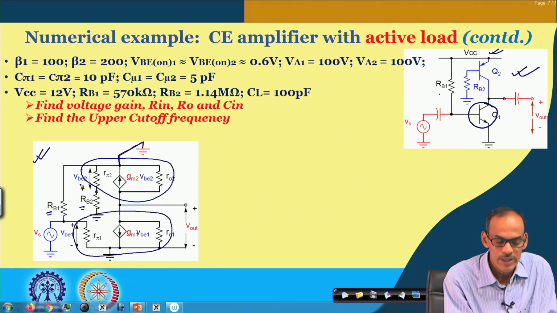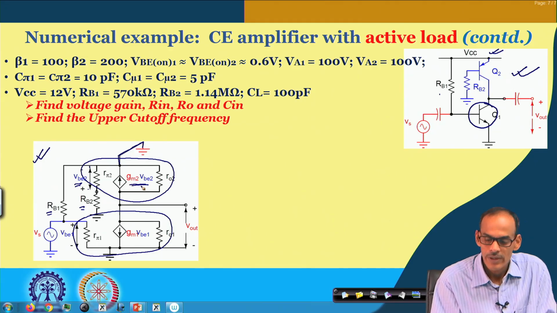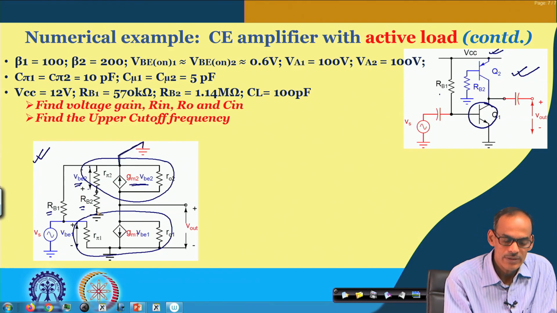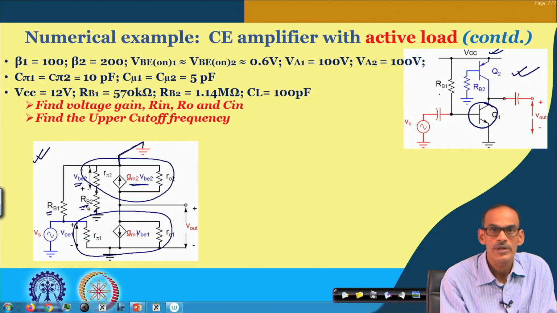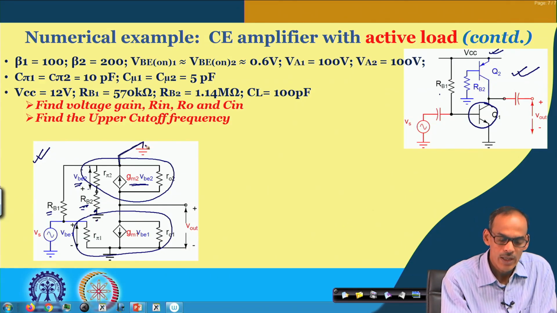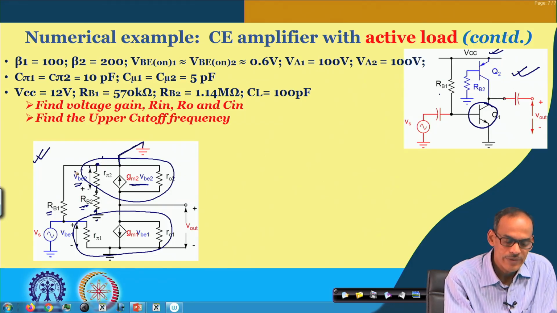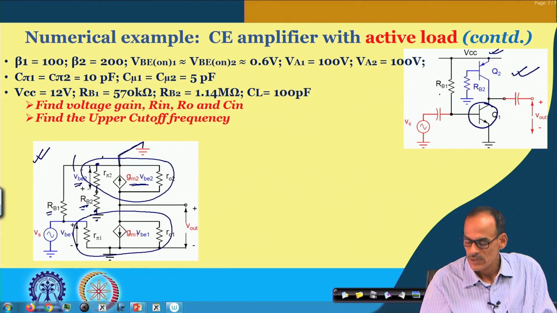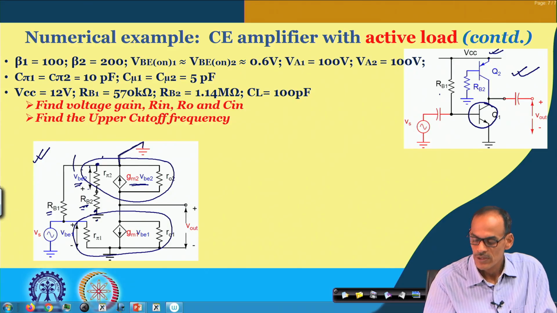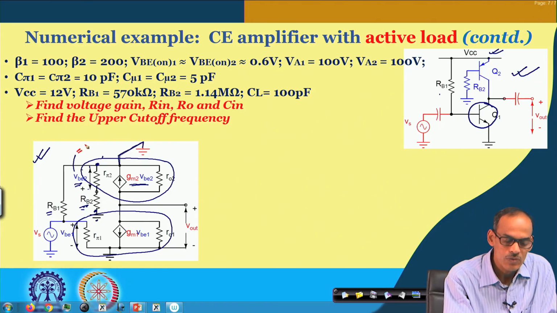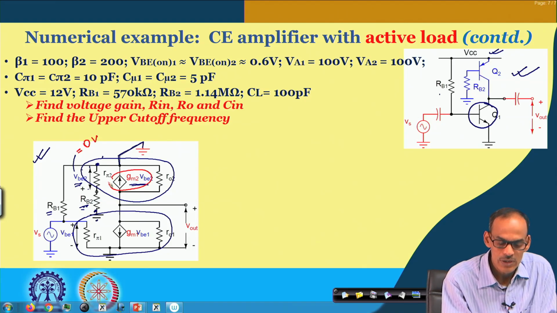And note that based on this VBE, we have gm into VBE flowing here, and incidentally the RB2 is connected to ground, and the other side is also connected to ground, and hence we can say that this VBE2 equals 0 volt. So, that gives this portion equals 0.